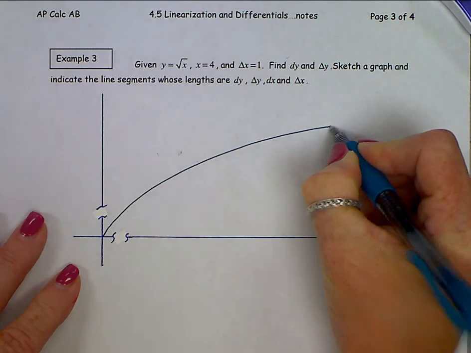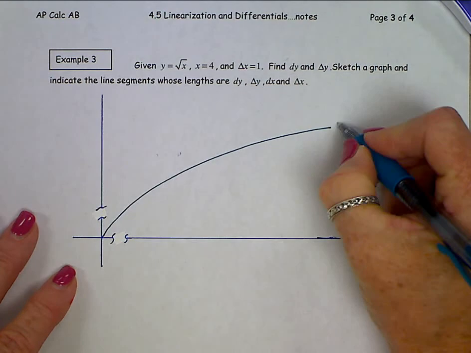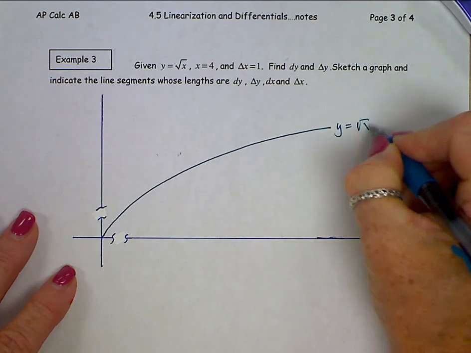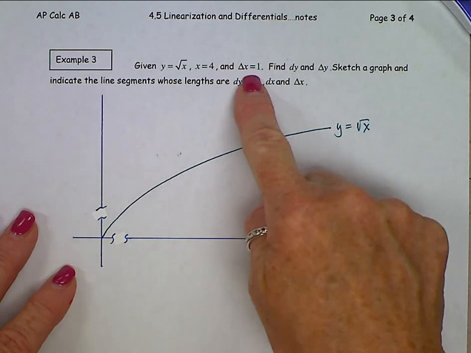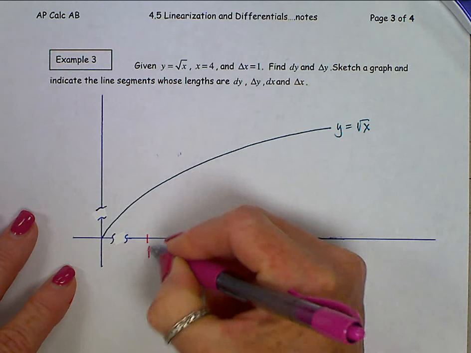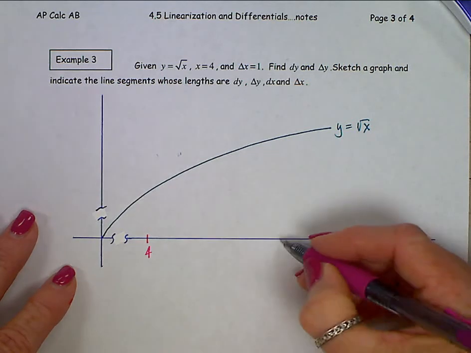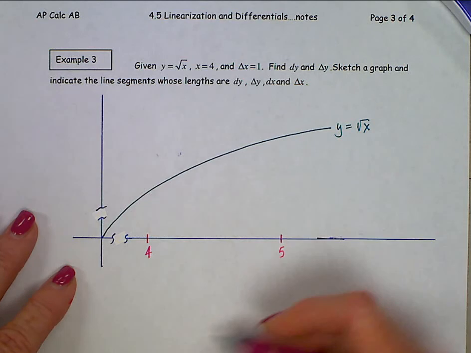There's y equals the square root of x, and we're looking at this from x is 4 and with a delta x of 1. So let's put in 4 here, and delta x is 1 puts 5 way down here.